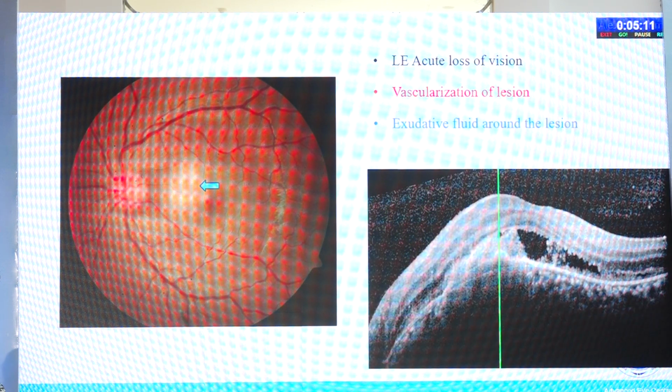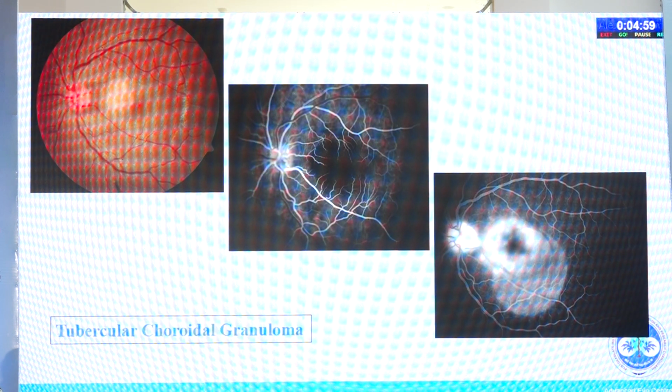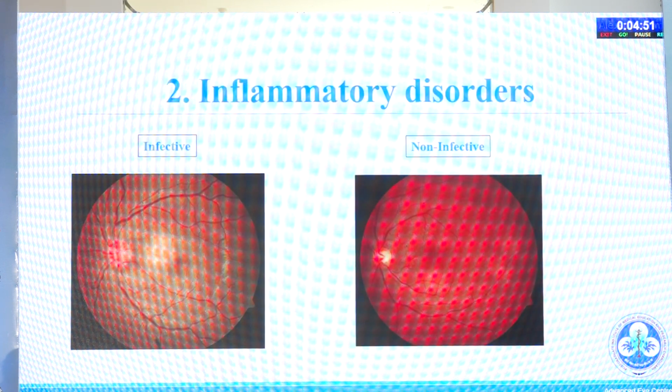We do an OCT, we find that there is elevation of the choroidal complex. There is subretinal fluid and a fibrinous material in the subretinal space. Fluorescein angiography showed hypo and hyper fluorescence, suggestive of choroidal granuloma, and on investigations we came to know this was of tubercular etiology.